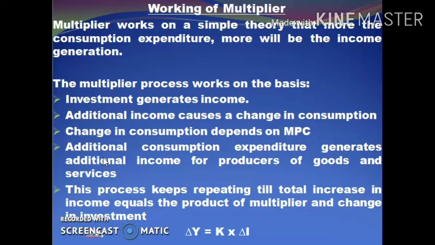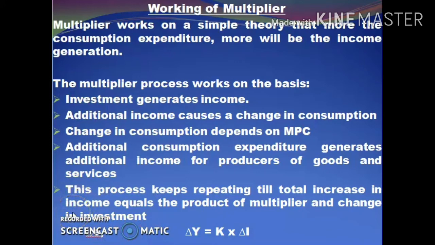Hope you understood. This process keeps on repeating till the total increase in income equals the product of the multiplier and the change in investment. So it is repeating and repeating till both are equal.